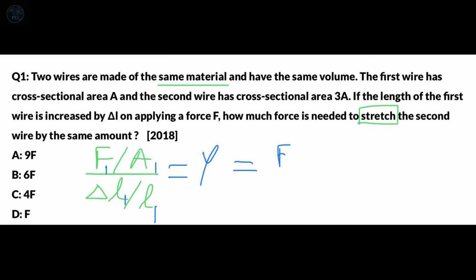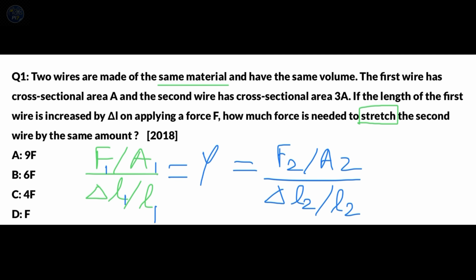So we can write this as F2 by A2 equals delta L2 by L2. Now it is also given that delta L is same for both. So we can name this as delta L.